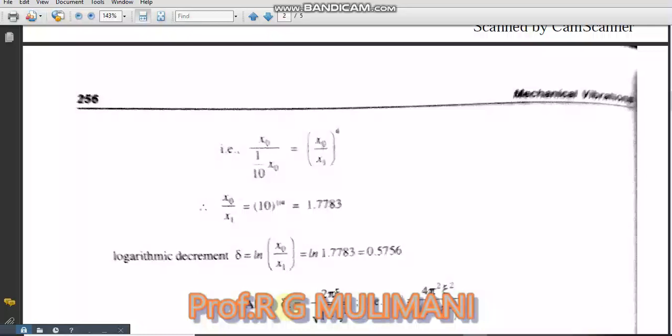Here n is 4 cycles, x naught is kept as it is, and xn, the amplitude after 4 oscillations, is 1/10 of x naught. So you substitute xn as 1 by 10 x naught, and this delta can be calculated. You use this relationship and find the zeta value.